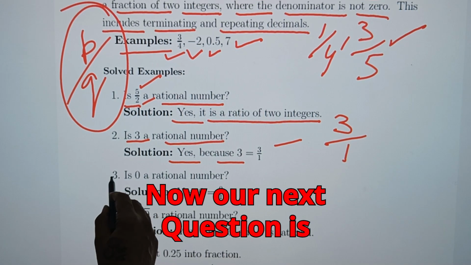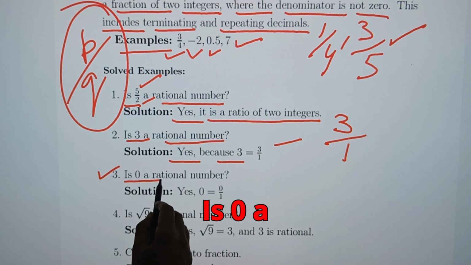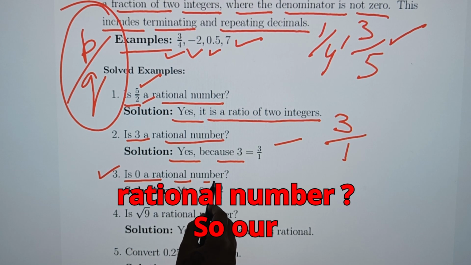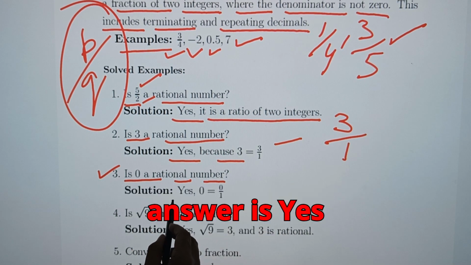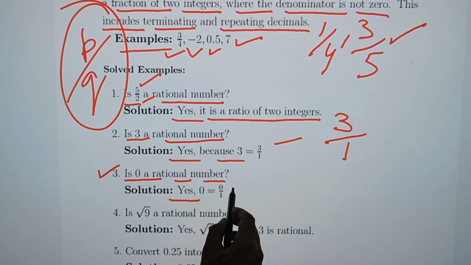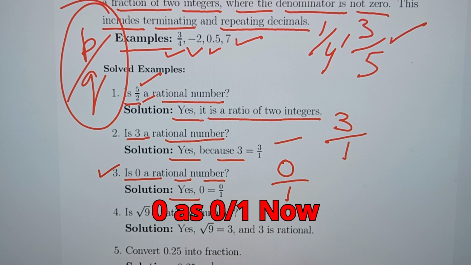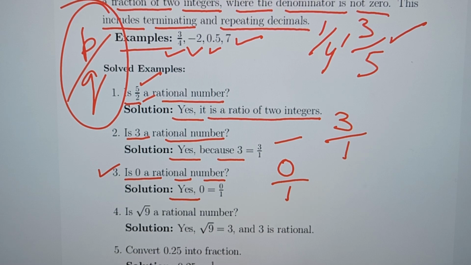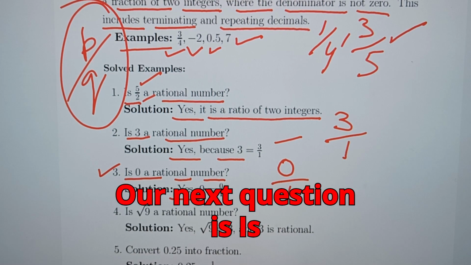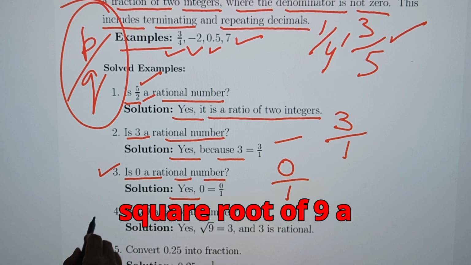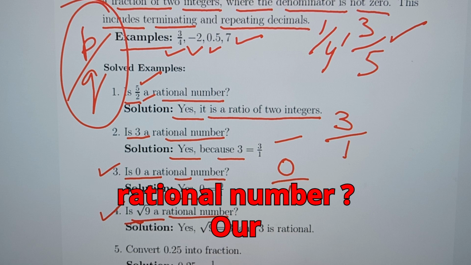Now our next question is, is 0 a rational number? So our answer is yes, because we can write 0 as 0 upon 1. Now our next question is, is square root of 9 a rational number?